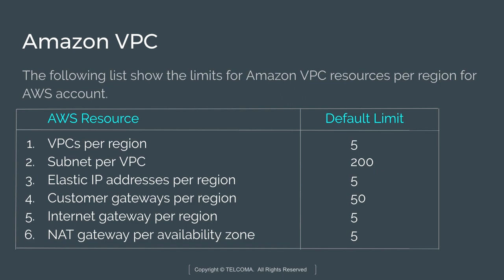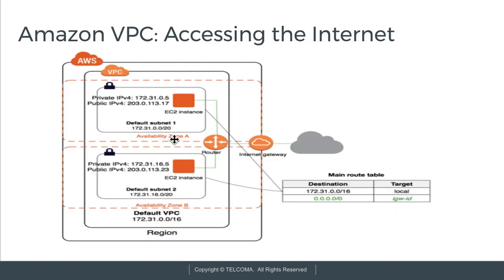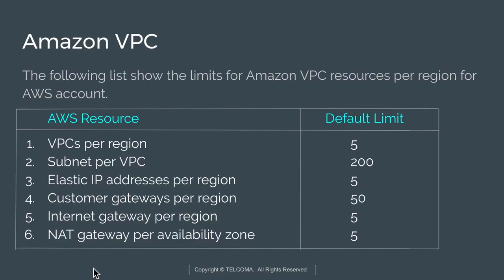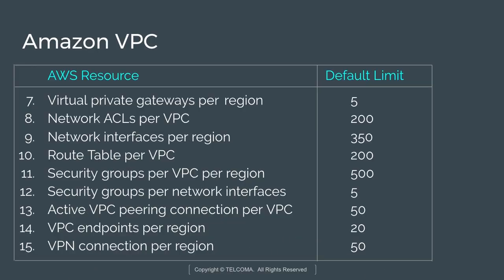Network address translation gateways per availability zone, we have 5. This is per availability zone; you can see in the diagram availability zone A and B. So per availability zone we have 5. Next, virtual private gateways, 5.